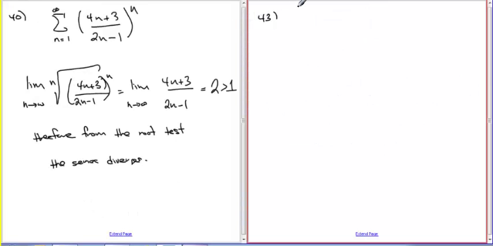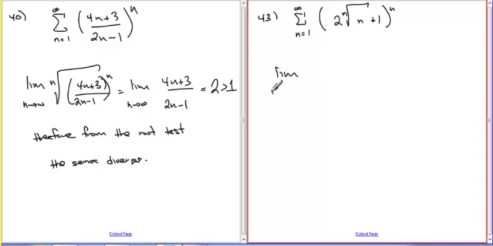So we use the p-test and then, as a consequence, the sum from n equals 1 to infinity of 2 to the n plus 1 raised to the nth power, using the nth root test and direct comparison.